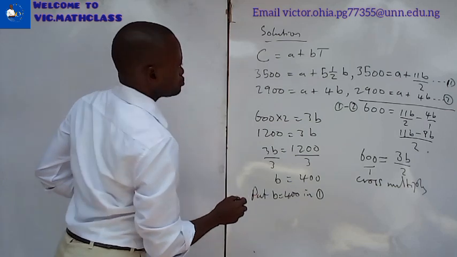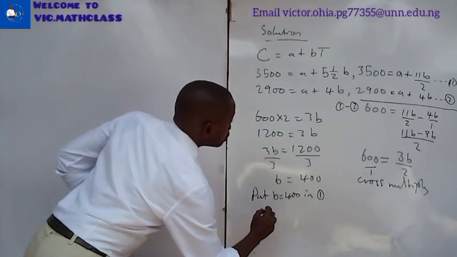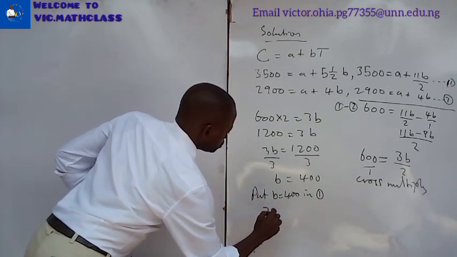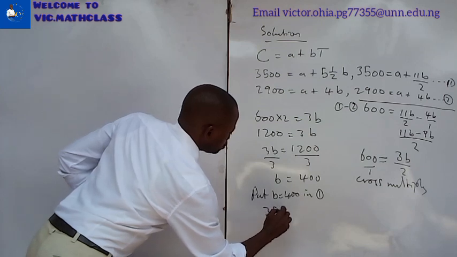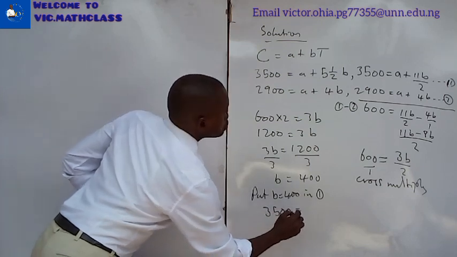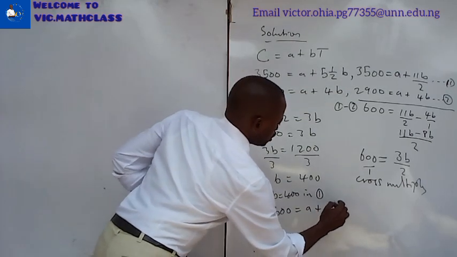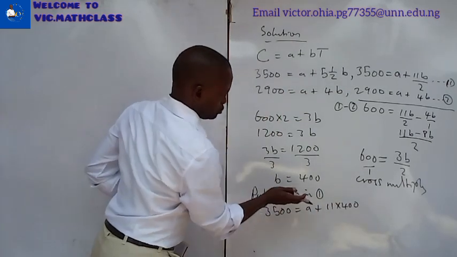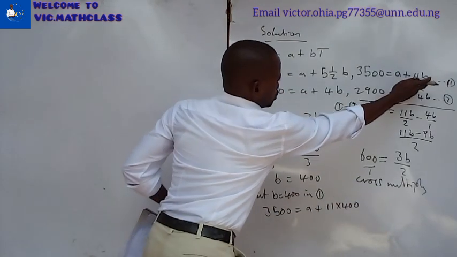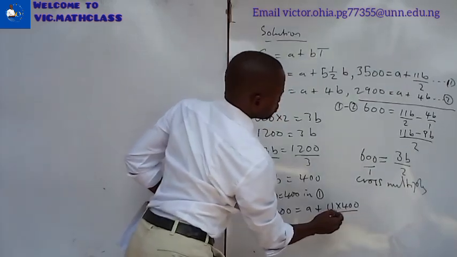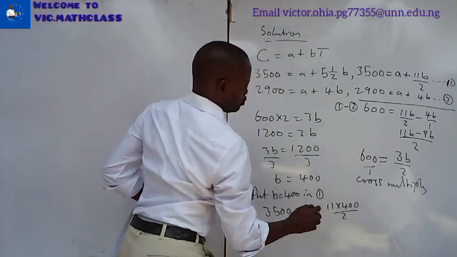You'll be seeing 3,500 equals A plus 11 times 400 over 2.